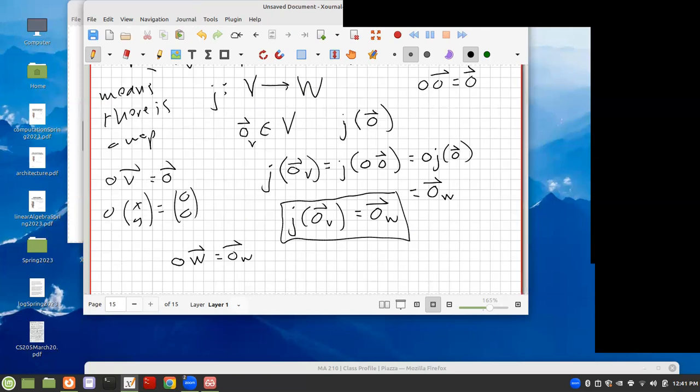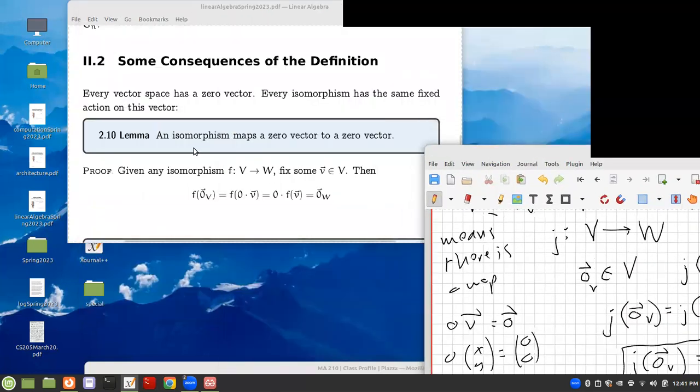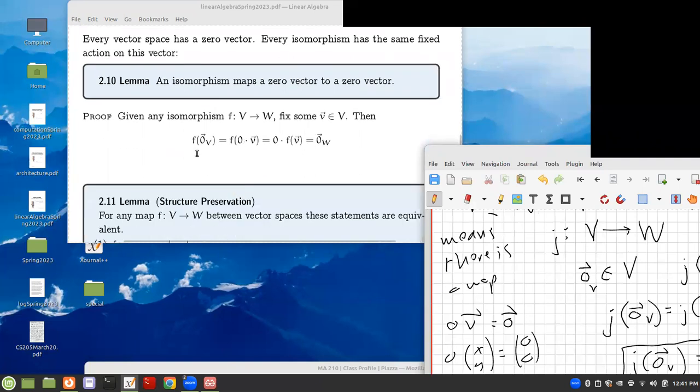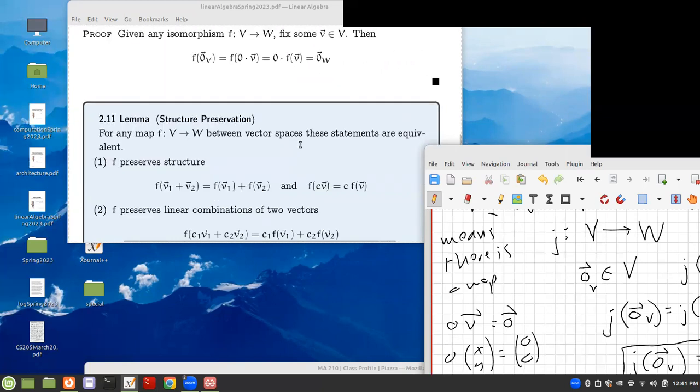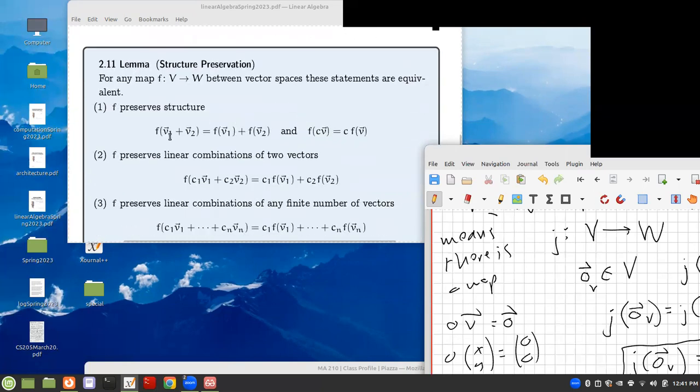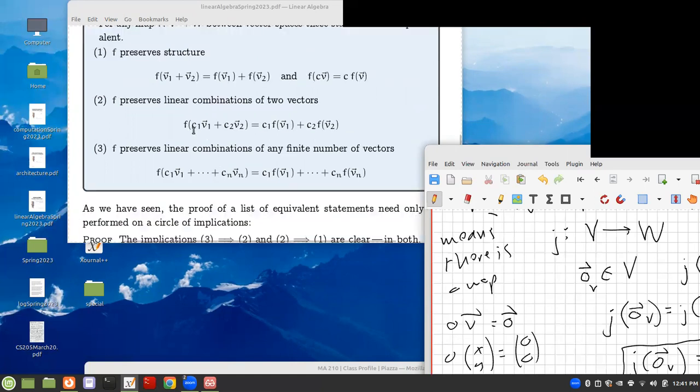That's what an isomorphism does: it maps a zero vector to a zero vector. Here's the little calculation we just went through. Now these three conditions are equivalent. This is what we've defined a linear map as: it preserves linear combinations.